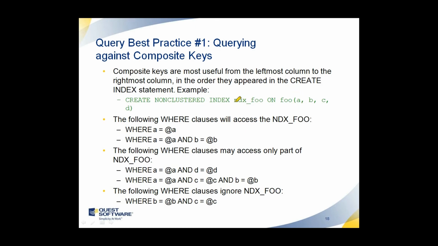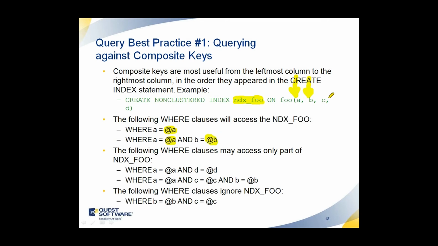If I have this index here called index foo, and I do a lookup on that table with a where clause that references just the first column, column A, then it doesn't need any of the other columns of the index to use that index. If I use column A and column B, it's concatenated, remember, so it builds the index on all 4 of these, it will also go ahead and use that index.